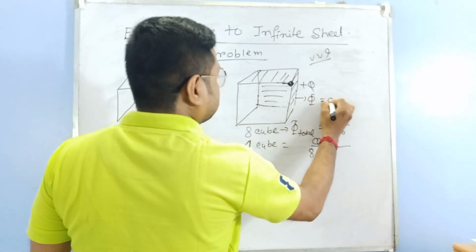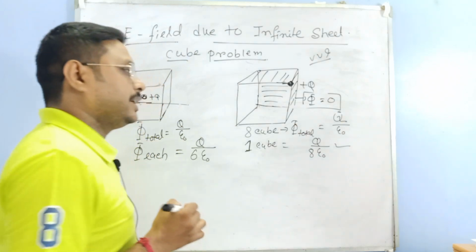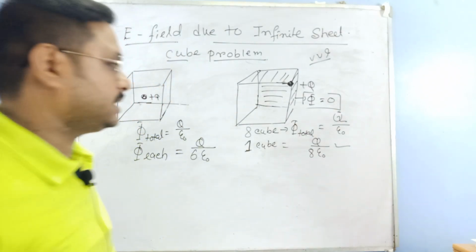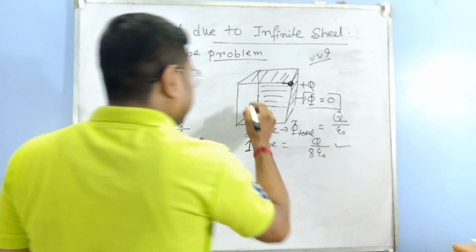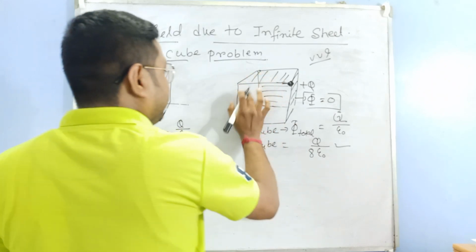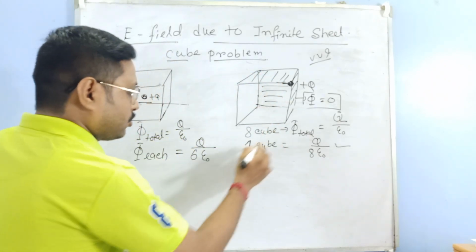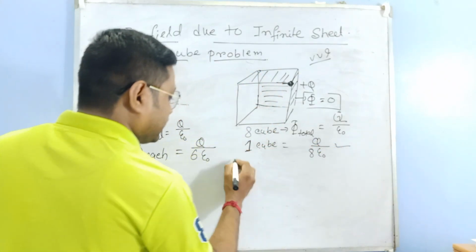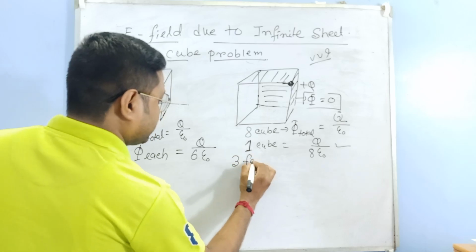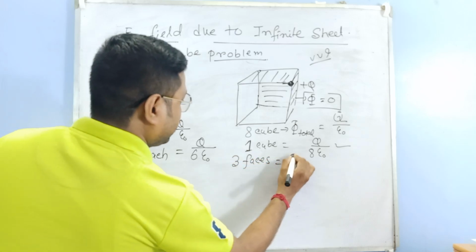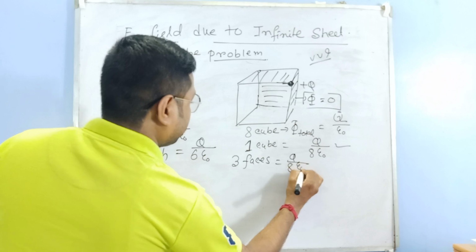For these 3 faces the flux is 0, because here E and ds are perpendicular to each other. So the flux contributes due to only the remaining 3 faces. So 1 cube equals q by 8 epsilon naught. We can write that for 3 faces it is equal to q by 8 epsilon naught.